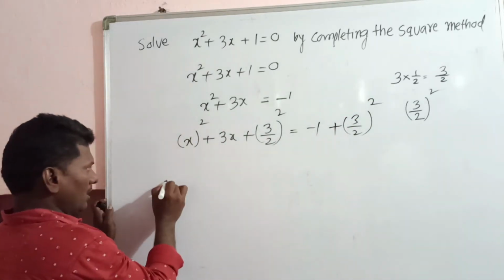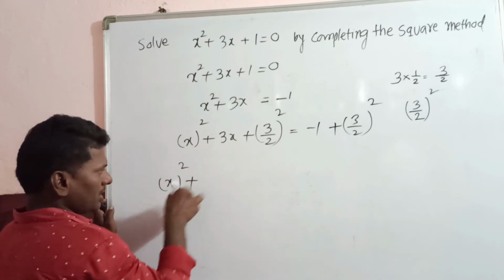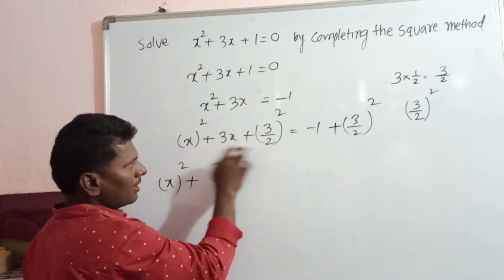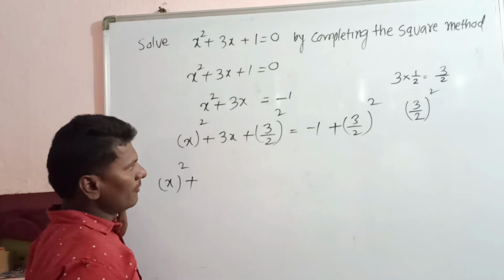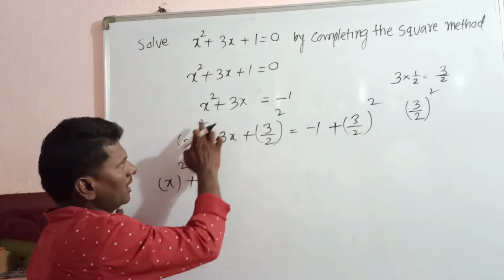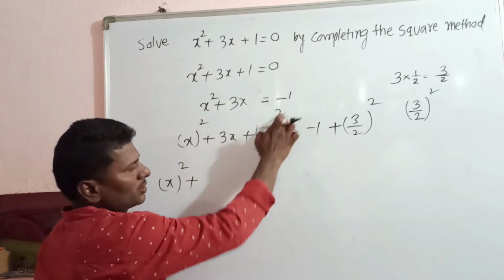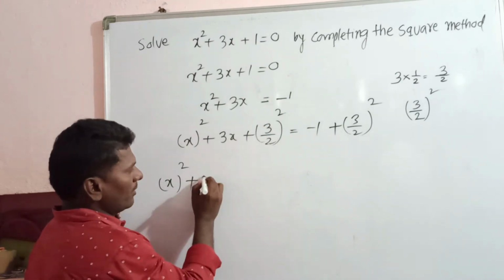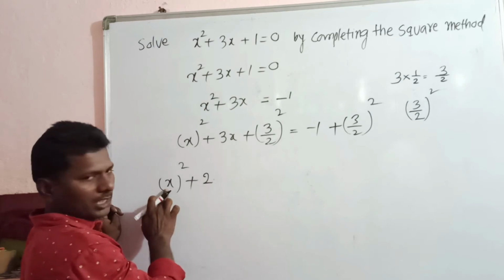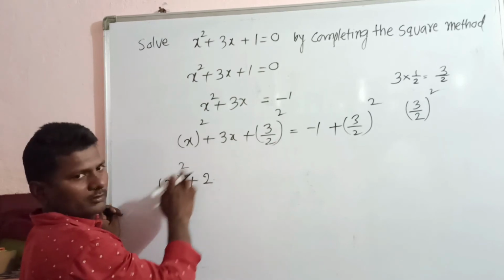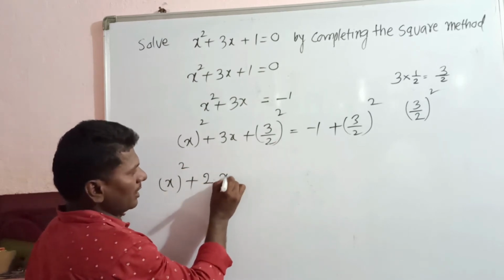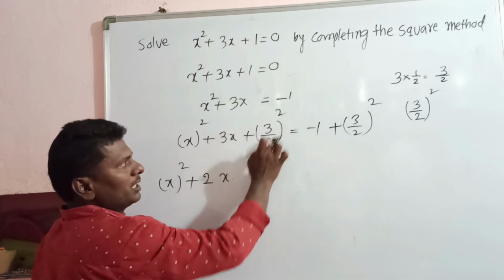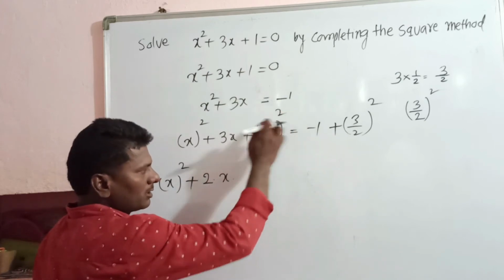Now x whole square plus this middle term, I am writing in the form of 2ab. This is a square, here it is b square. Middle term should be 2ab. So I am writing 2, a means x value. This is a square, a means x. So I am writing here x. I know b value, b square. So 3 by 2 is b.